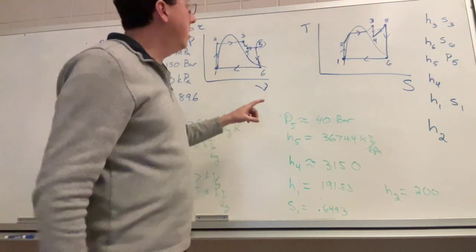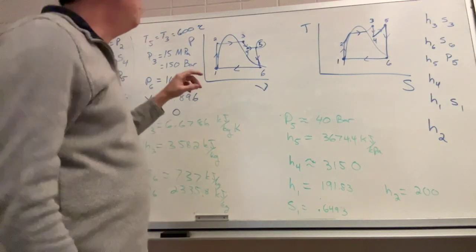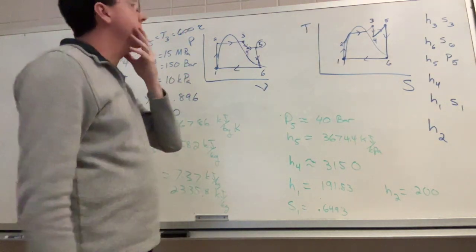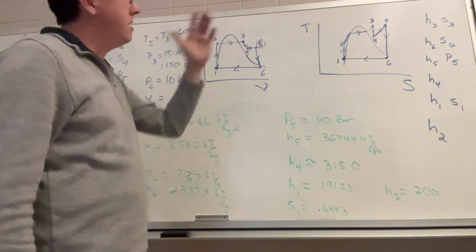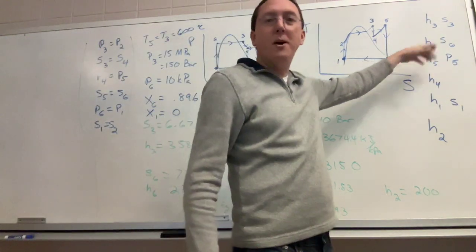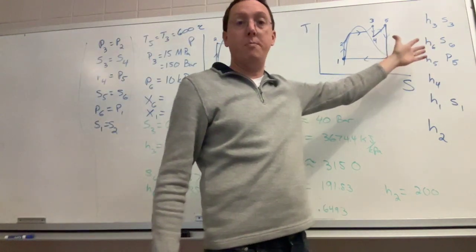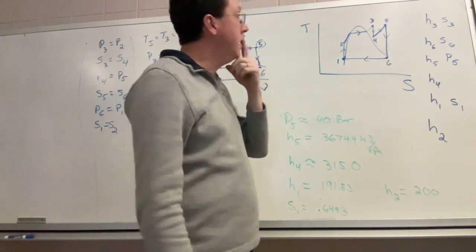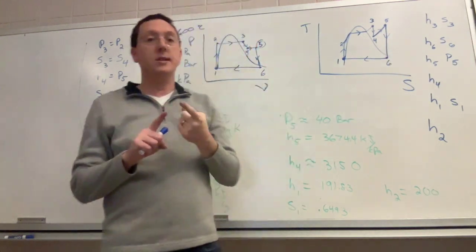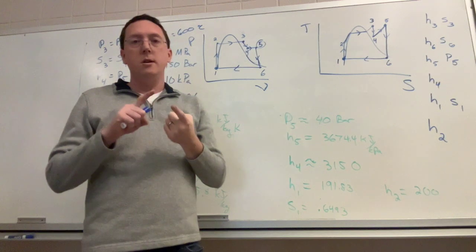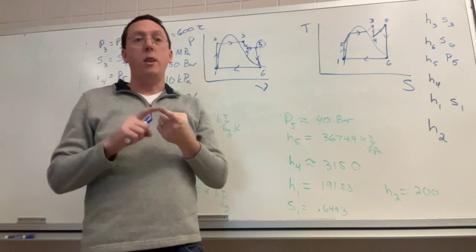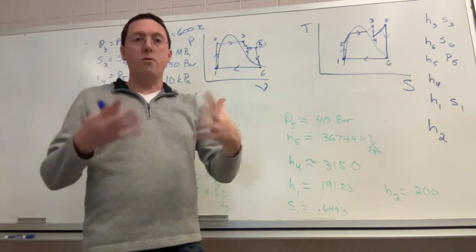Okay, so let's go through what I would do. I still have here written the order that I suggested people work it out. You could do it differently. But in all cases, whenever you have one of these cycles, you should start with the states where you know the most and then work from there.